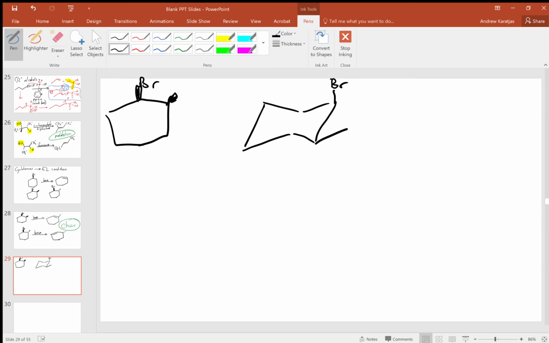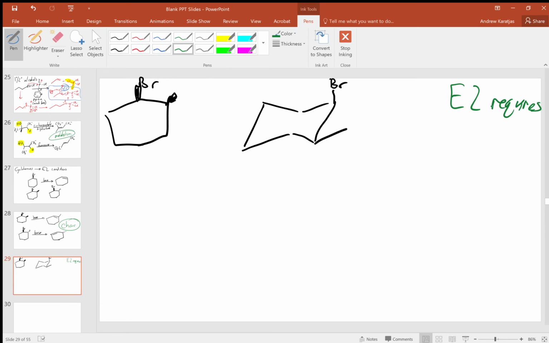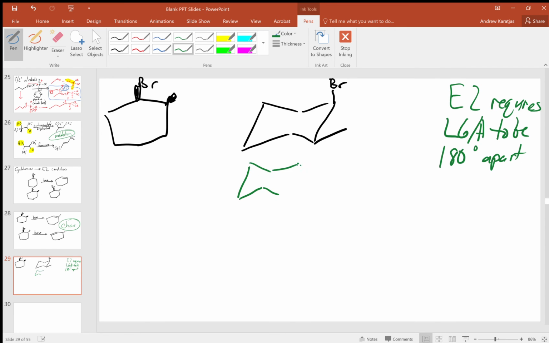But second, and more important here, remember that we said an E2 requires the leaving group and the hydrogen to be 180 degrees apart. Well, if I use the other chair conformation here, what bonds are 180 degrees from this bromine?